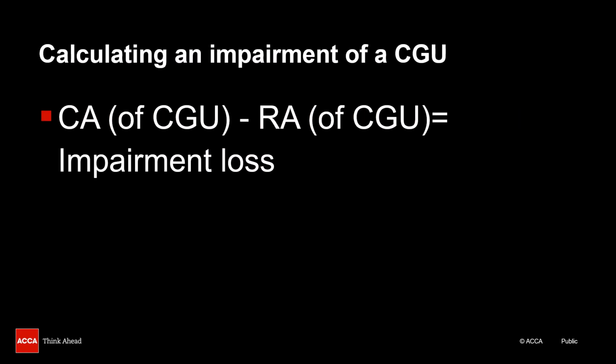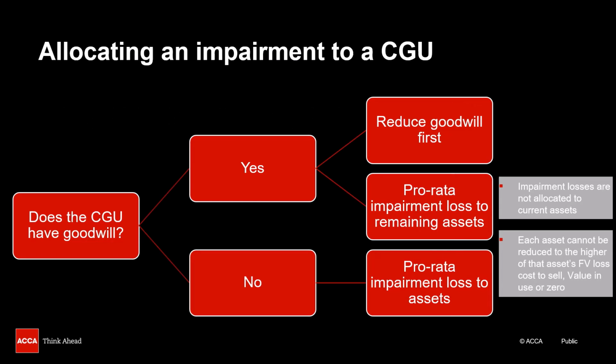Calculating the impairment loss of the CGU would be the carrying amount of the CGU less the recoverable amount of that CGU. However, when allocating an impairment loss to a CGU, there are specific steps an entity needs to follow. Should a CGU contain goodwill, then the impairment loss should first reduce the value of goodwill.